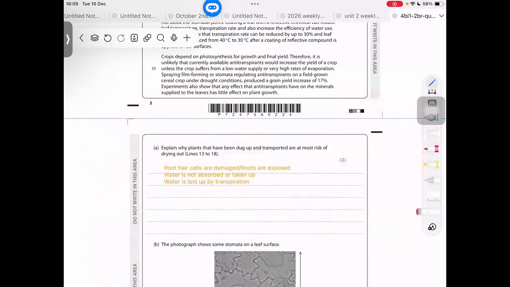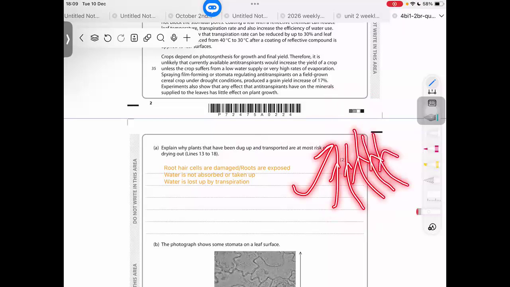That means their surface area is going to get reduced, right? When the surface area is reduced, can they take in the amount of water that they used to take in before? No, because the surface area is reduced now.